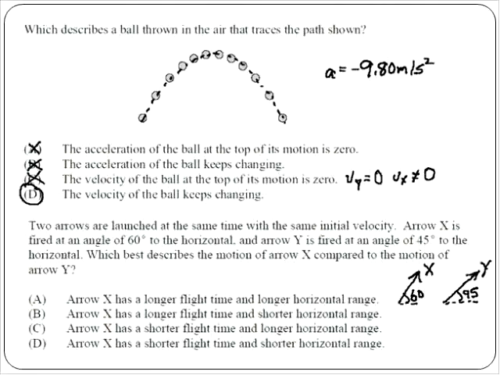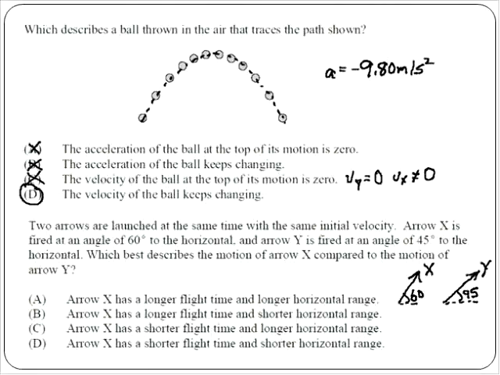But if we're talking about going over level ground, then the height's not going to matter, because the height at the beginning and the height at the end are still the same. So the flight time is just going to depend on which one would have the largest initial velocity in the vertical direction.